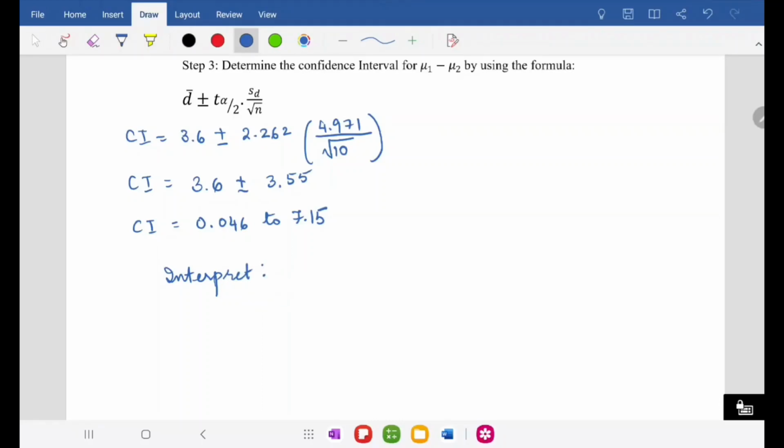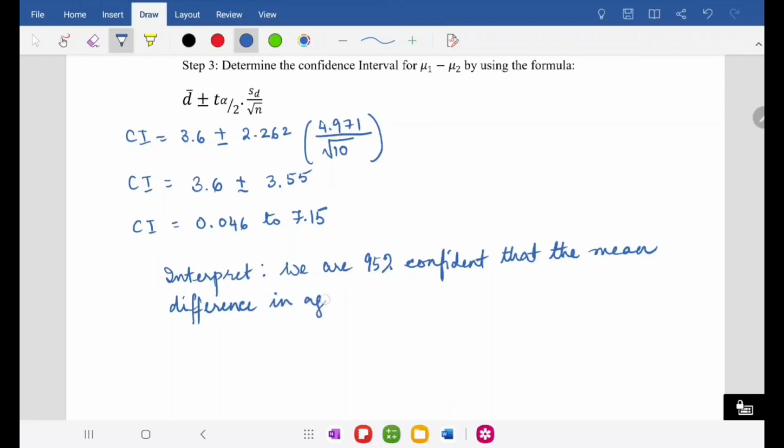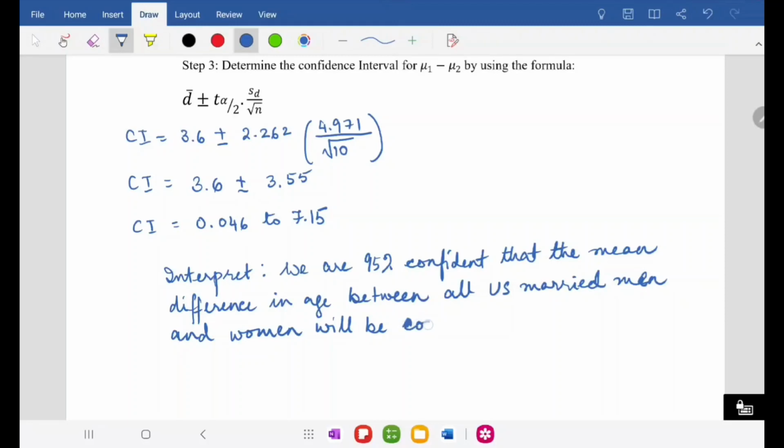For a confidence interval, you're going to start by saying we are 95% confident that the mean difference in age between all US married men and women will be contained in the interval, and then just state your interval: 0.046 to 7.15.